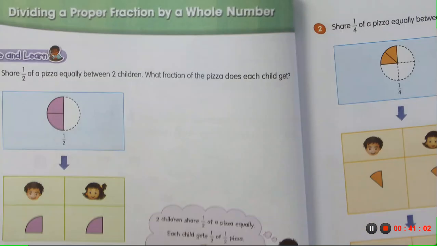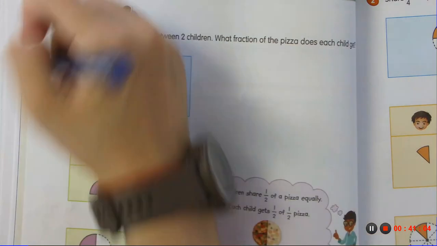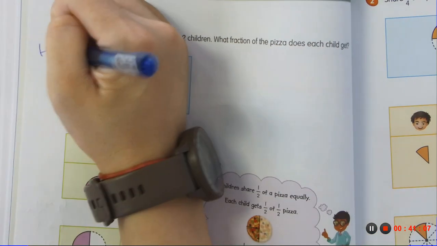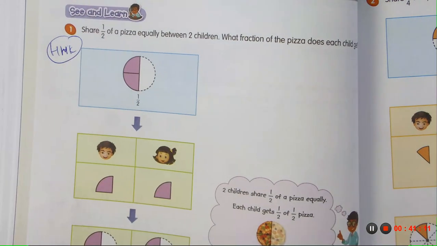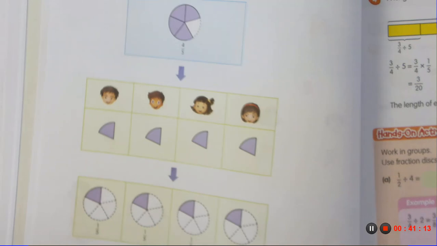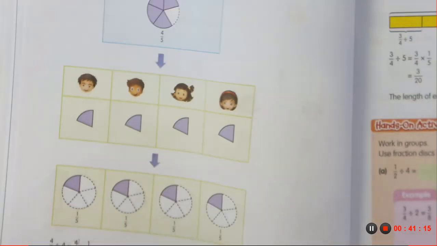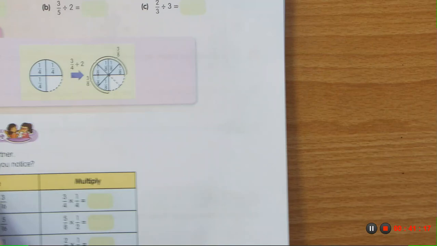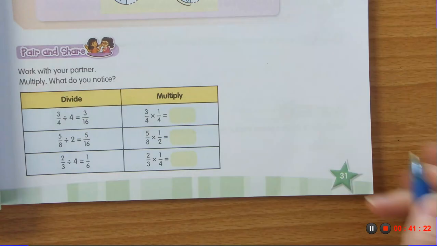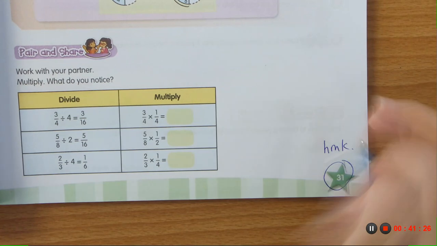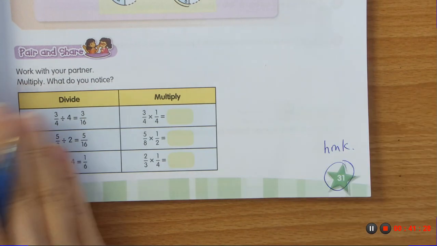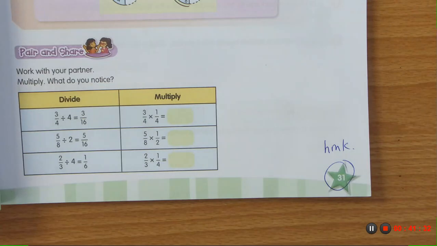Then, this is the one. Okay? I want you to try this box here, up to page 31. Do the answers with pencil first. Okay? Please read your textbook from page 26 to page 31.